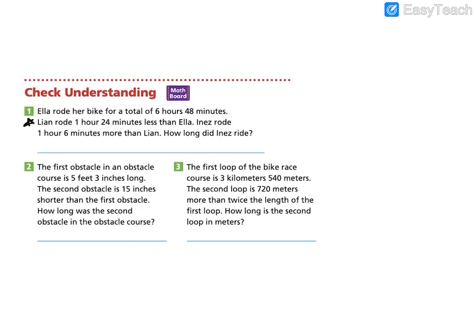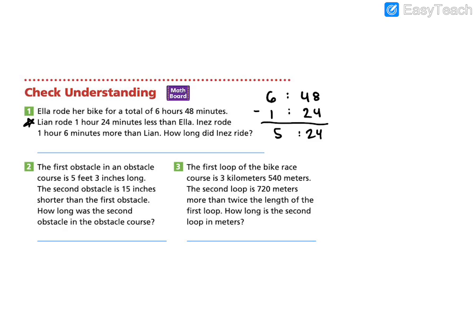So first, we need to find how much Leon rode. Well, we know that Leon rode 1 hour, 24 minutes less than Ella. I'm going to go ahead and subtract 1 hour, 24 minutes from Ella's time. So I found that Leon rode for 5 hours and 24 minutes.